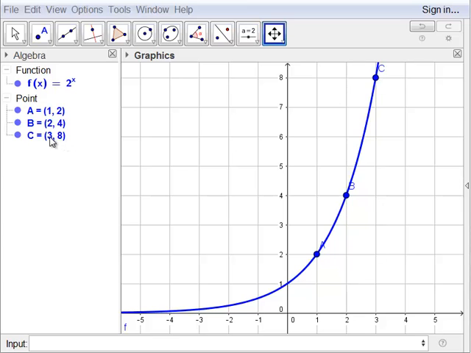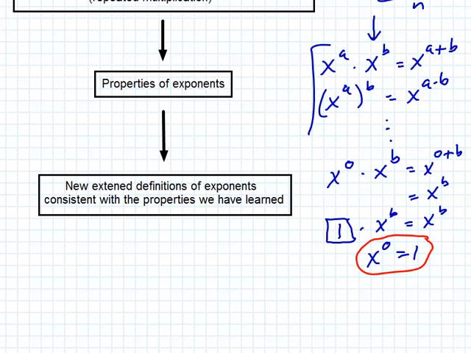Let's plot the point 0 and then 2 to the 0 by the definition we've just established. So I'm going to put here 0, comma, 2 to the 0, which is 1. And there we are. So notice that that fits not only with the properties, but it also fits with this curve. So it helps to fill out this curve. Okay, let's go on.